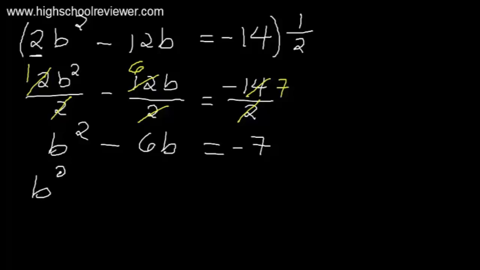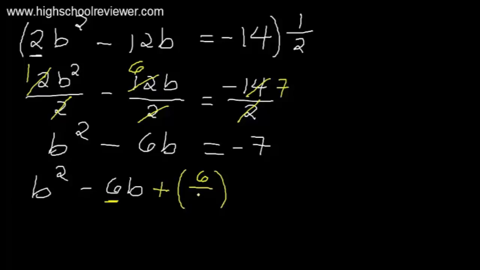We have here b squared minus 6b. So in order to complete the square, we are going to add the third term here, and the third term is a fraction. Our numerator will be the numerical coefficient of the second term disregarding the sign, so this will be 6.